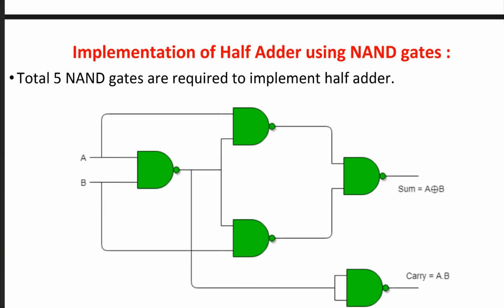Because in the previous one I required a combination of two gates, XOR as well as AND. Suppose your office or your lab does not give you different gates, and tells you we have only universal gates. You should be able to implement using only universal gates. That's why you need to know how we can do it.